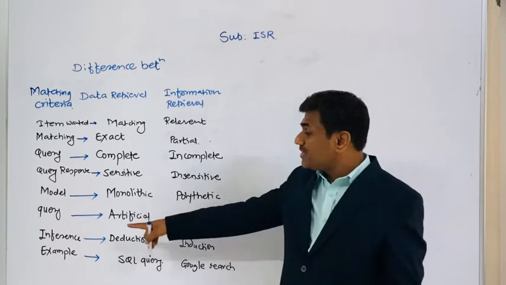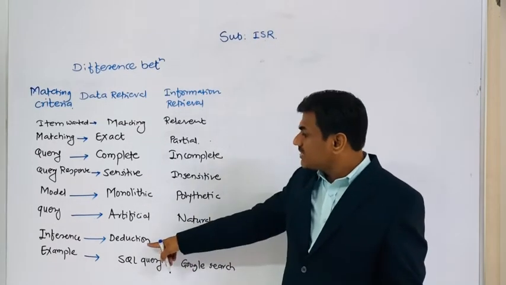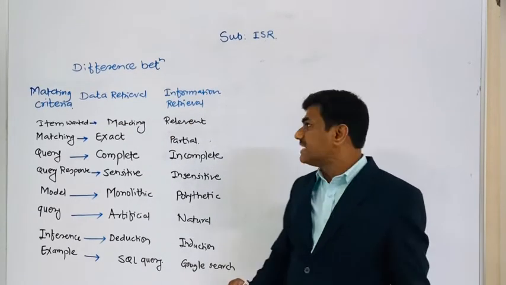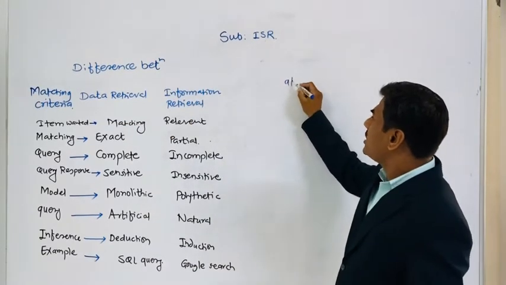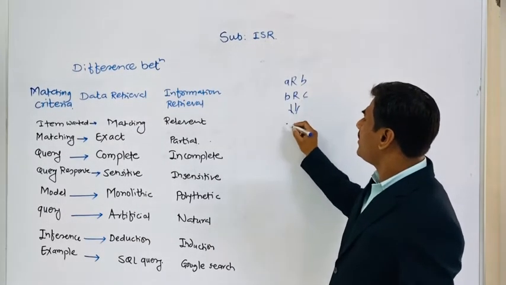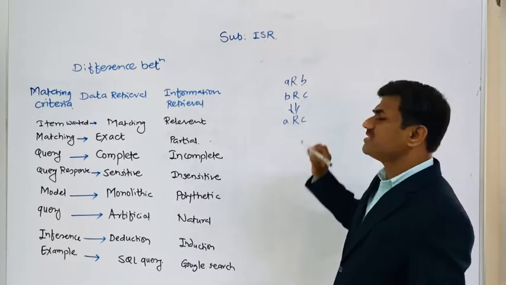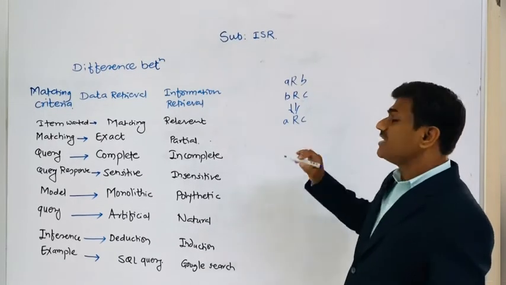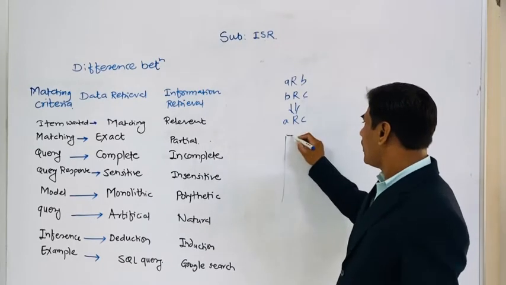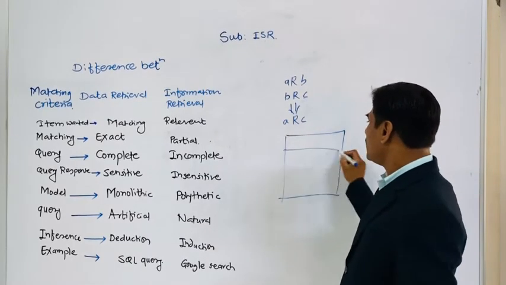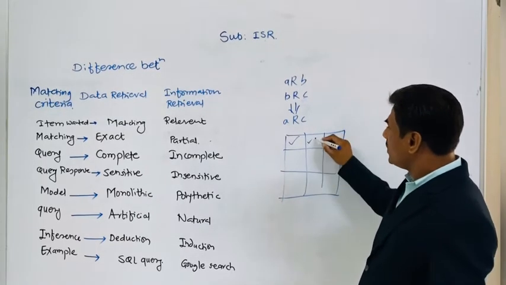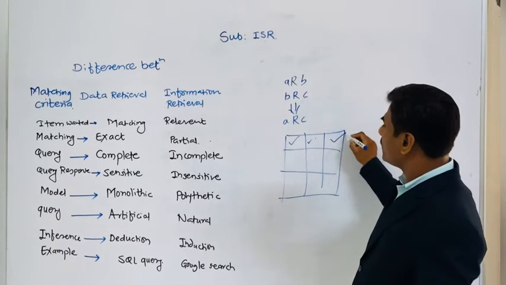The next point of difference is the inference. Here the inference in data retrieval is deduction. What does it mean? It means that if A is having a relation with B, and B is having a relation with C, definitely it implies that A is having a relation with C. You might have seen in the SQL database, SQL data is stored in tabular format, rows and columns.